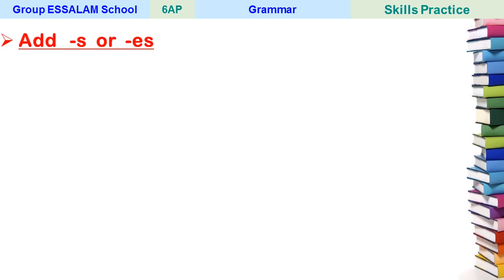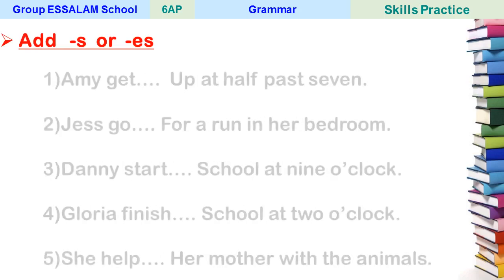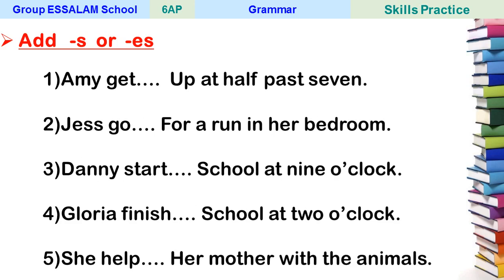Another exercise, add s or es to the verbs, okay? Number 1, Amy get up at 7:30. Number 2, Jess go for a run in her bedroom. Number 3, Danny start school at 9 o'clock. Number 4, Gloria finish school at 2 o'clock.